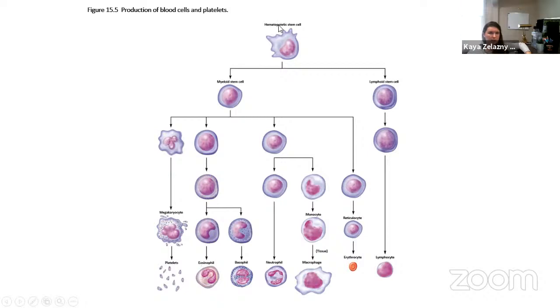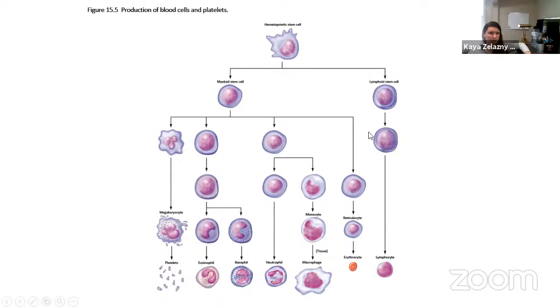At the top, we have our hematopoietic stem cell, which is like a progenitor cell that can, depending on the right levels of the right hormones and stuff, turn into any one of these blood cells, right? That's why they're red blood cells and white blood cells. They are all blood cells. They are all coming from this original hematopoietic stem cell.